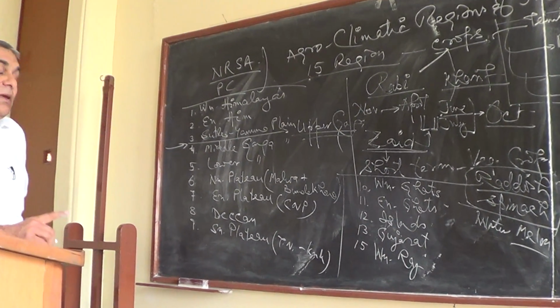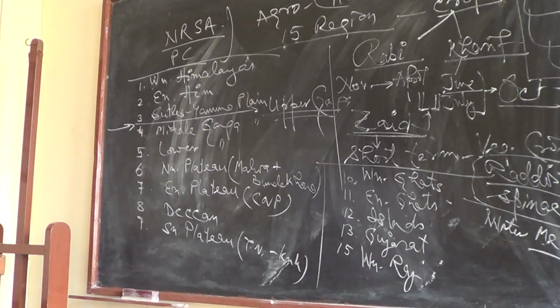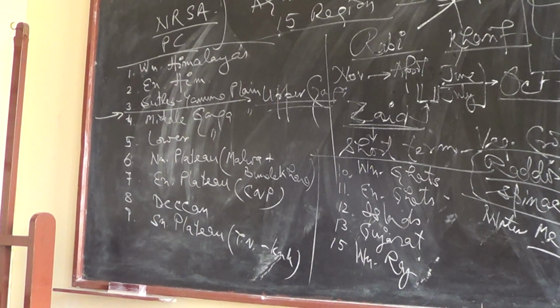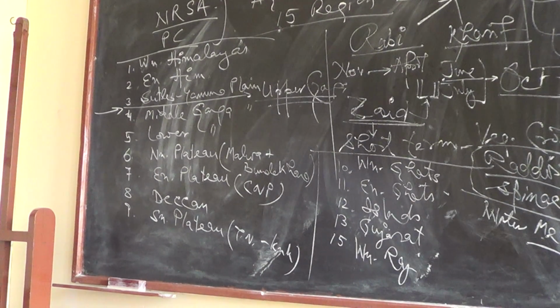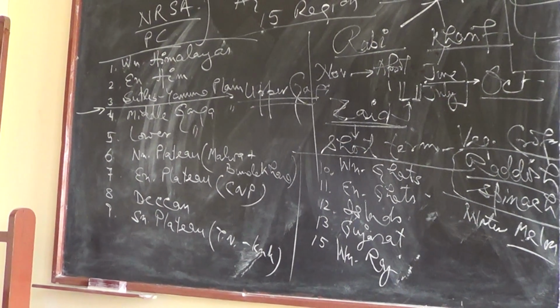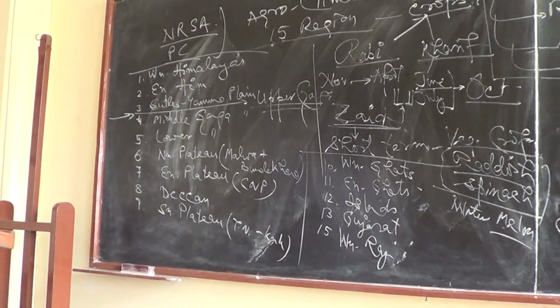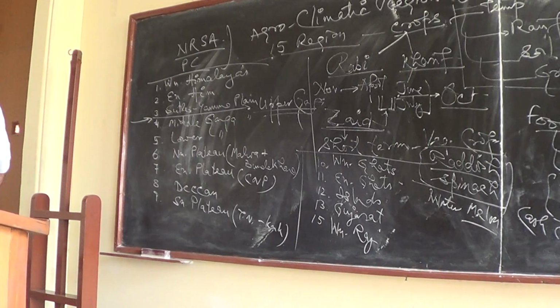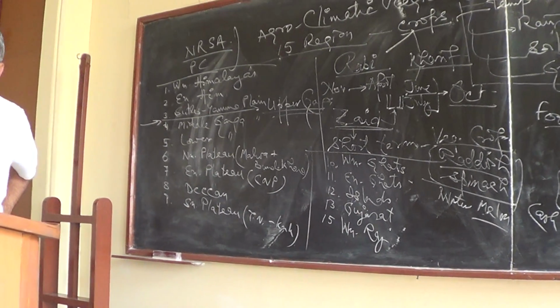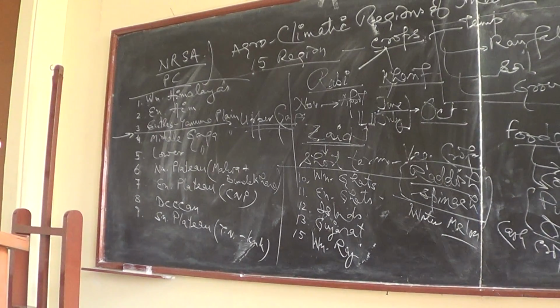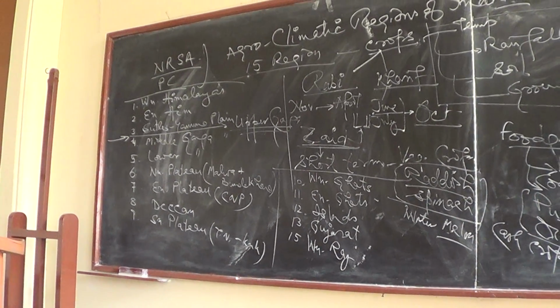So on the basis of these 15 agro-climatic regions, it will be easy for us to understand the agricultural regions of 4 important crops. Let's take the 4 important cropping regions of the country. We'll take 2 cash crops and 2 food grain crops.